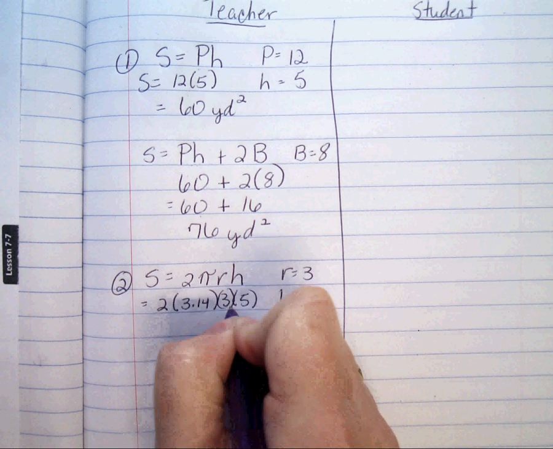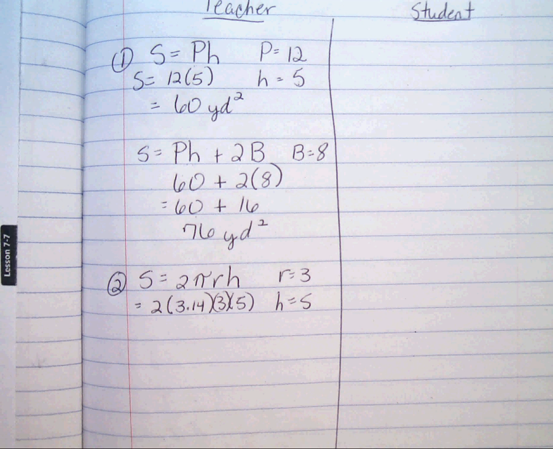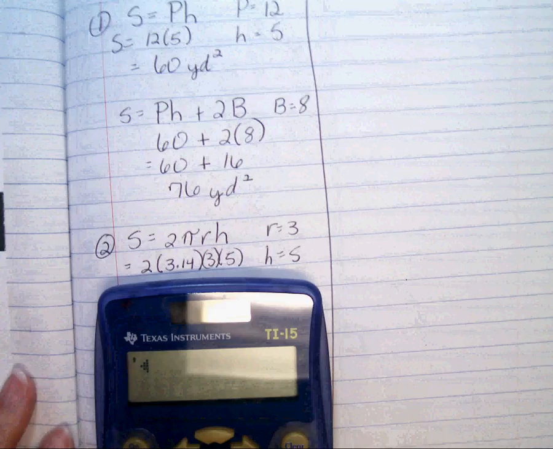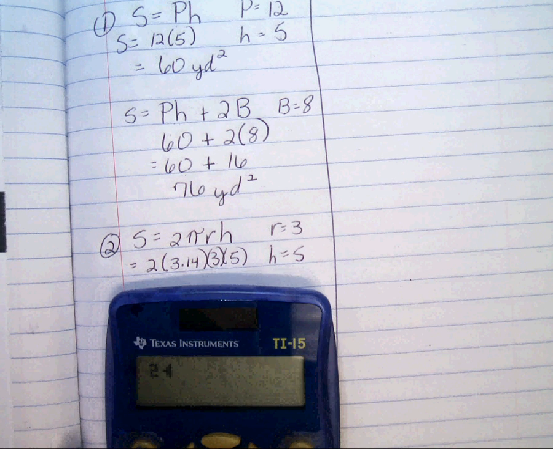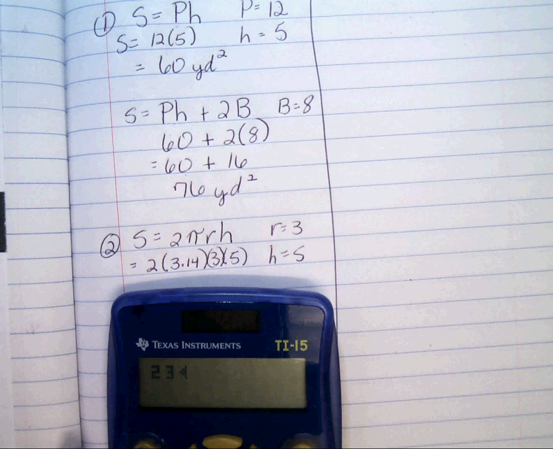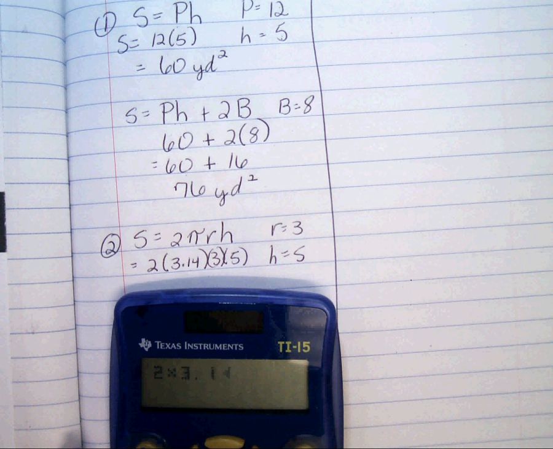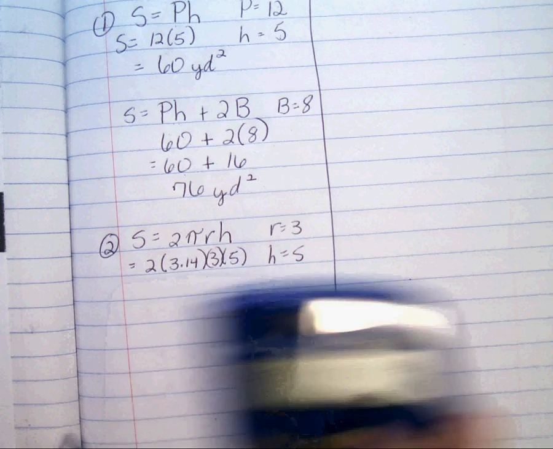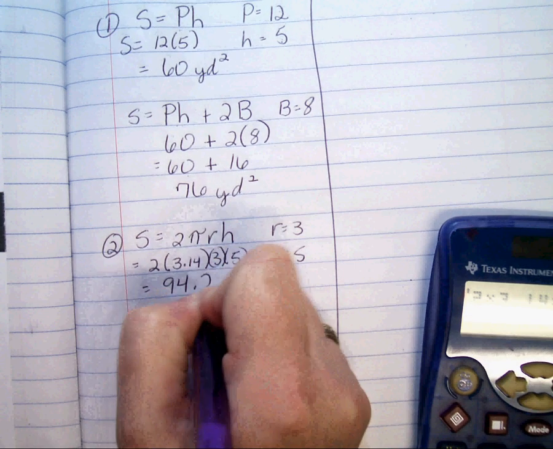And I just multiply all that together. Remember, I'm letting you use a calculator to do that. 2 times 3.14 times 3 times 5. It's going to equal 94.2. And that's in centimeters squared.